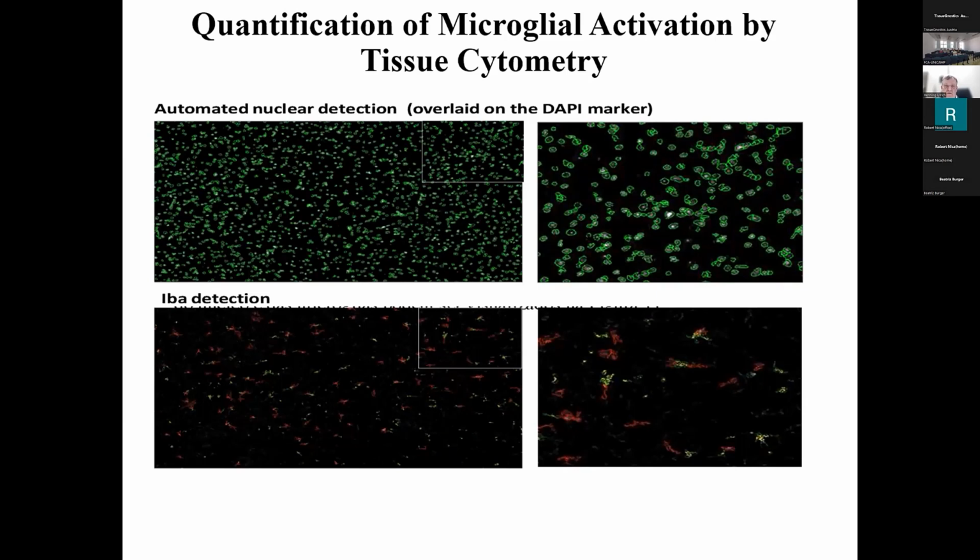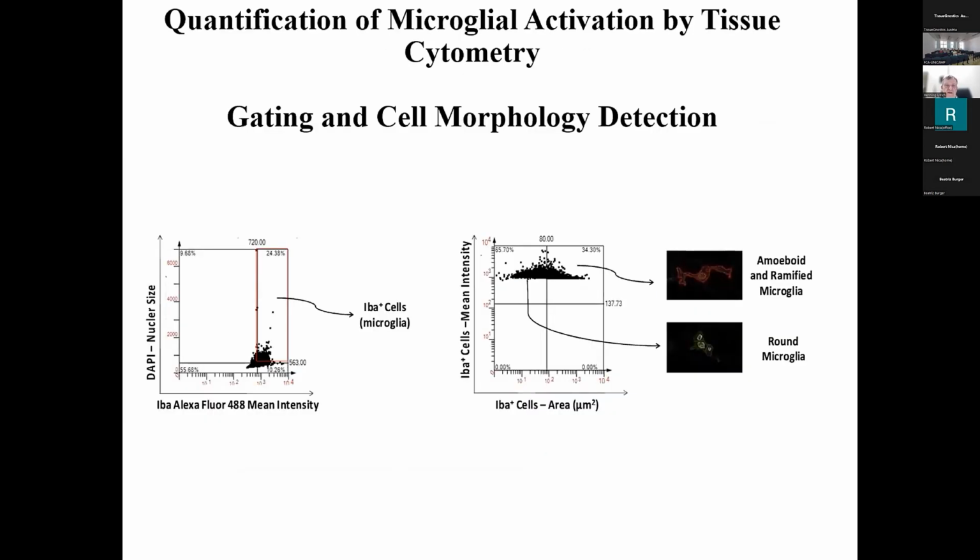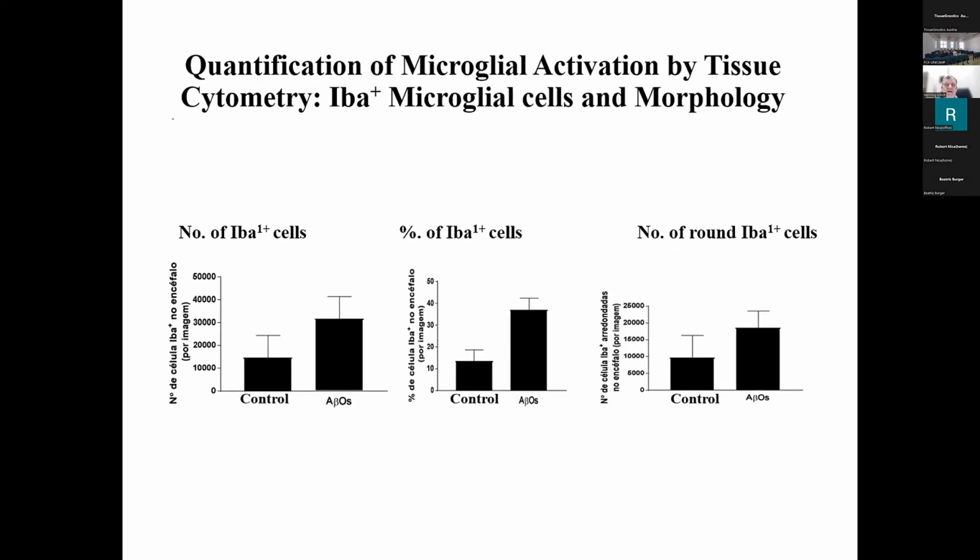Now we can go for a gating analysis and determine how many of these cells are activated, that is, positive. Then again we can look at different types of microglial cells, such as ovoid and ramified microglial cells, and also round microglial cells, which would be in another stage of activation. Like this, we get a quantitative plot and can see how many of these cells are positive.